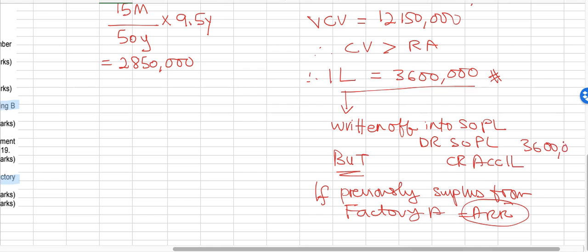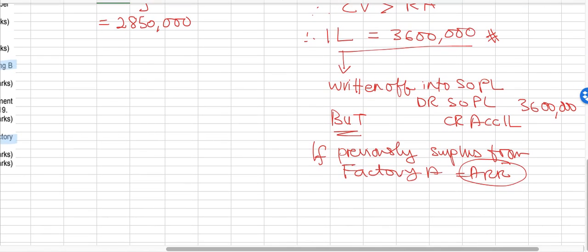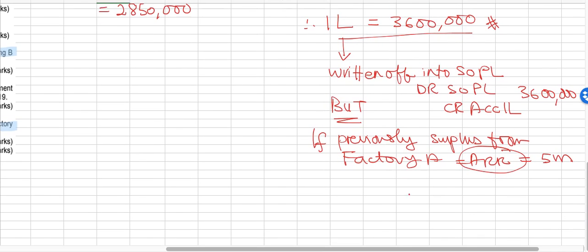Okay, by this amount. But if previously you have revalued the asset, factory A, and you have surplus, I mean previously you have ARR, let's say it is 5 million. So when you want to pass entry for the impairment loss, this one is still the same, credit accumulated impairment loss, but here you don't debit SOPL because you have remaining ARR, so you will debit your ARR 3.6 million.